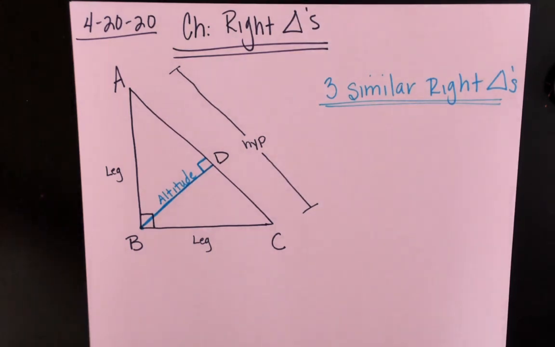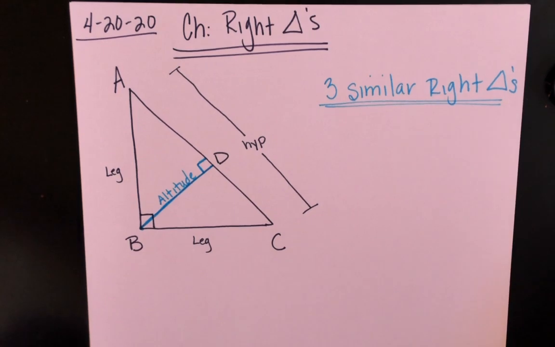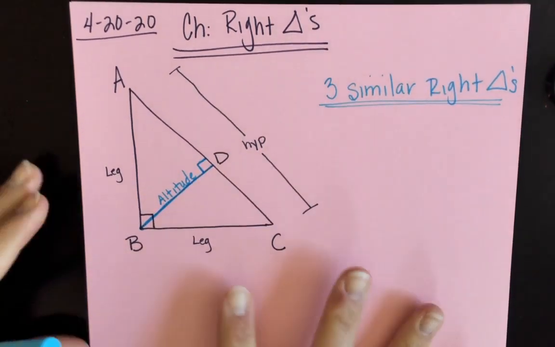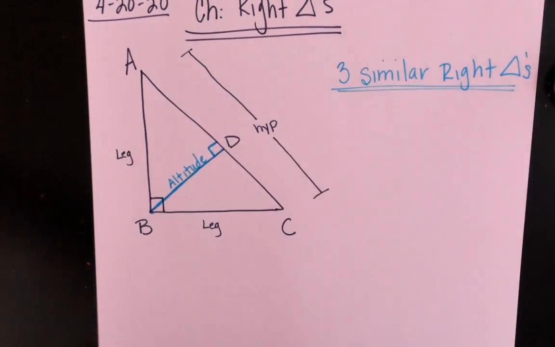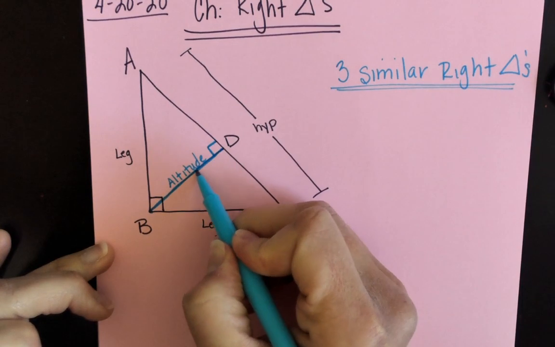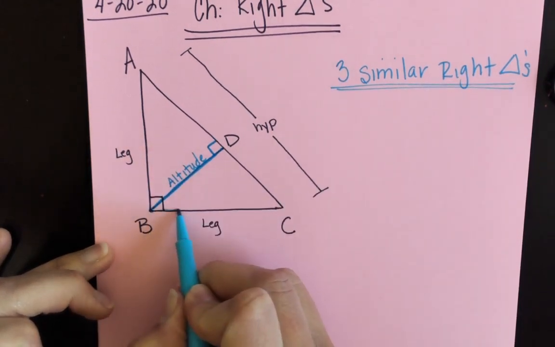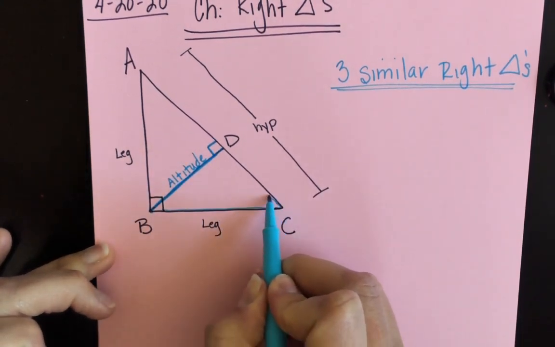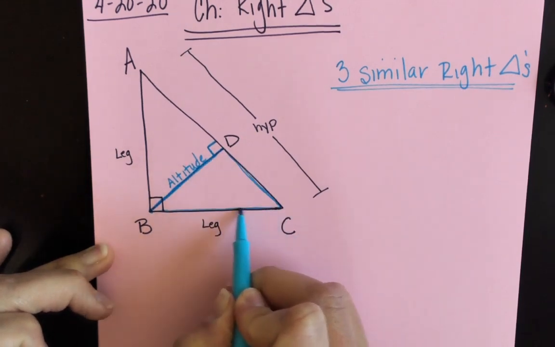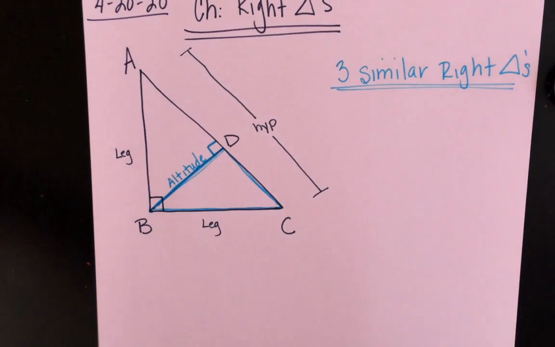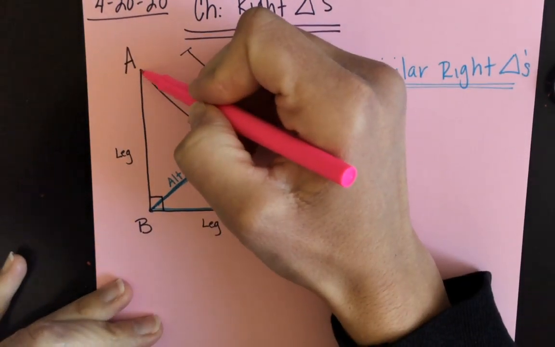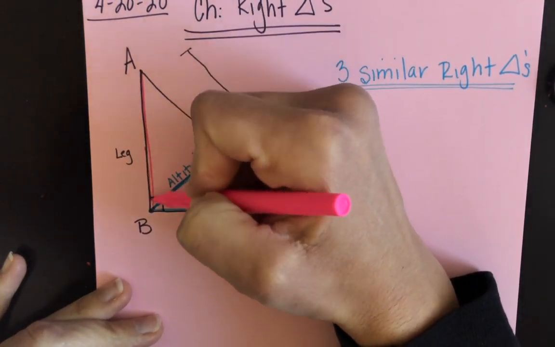You are correct. It is going to be by angle similarity. Now, here's the reason why it's angle. So let's now break this down. I want you to consider that we do have a right triangle sitting in here, and we have another right triangle sitting in here.